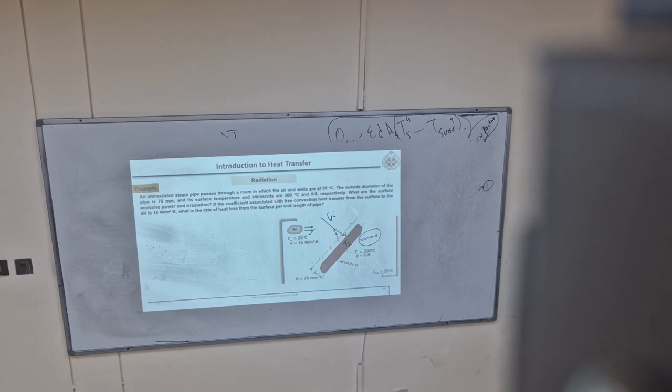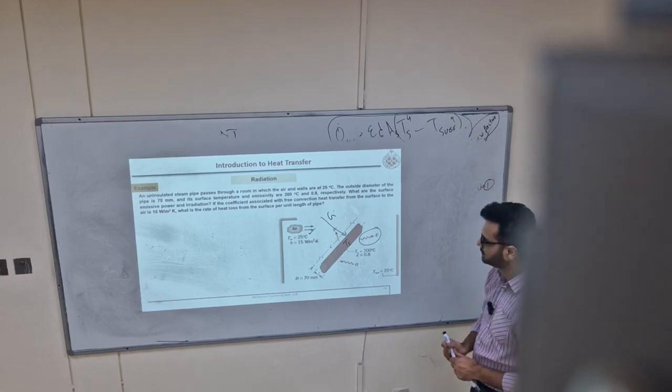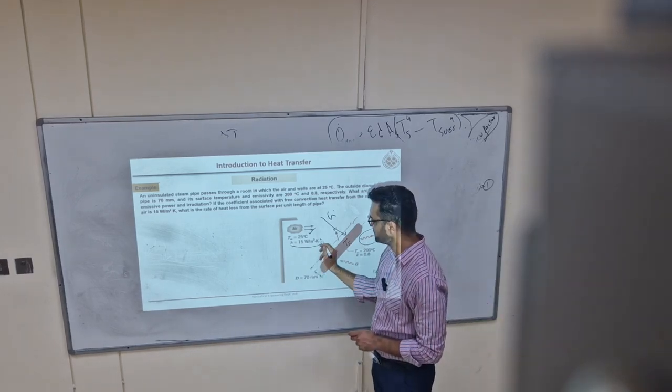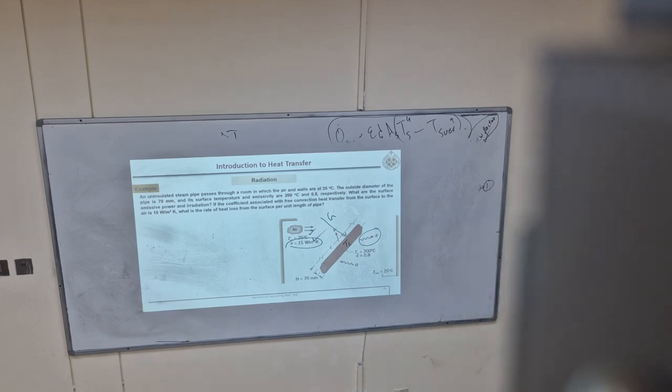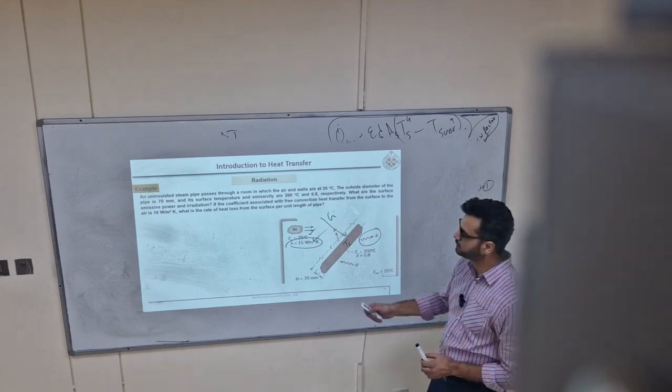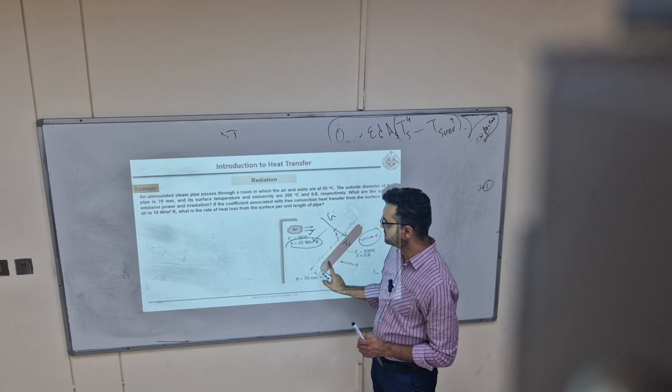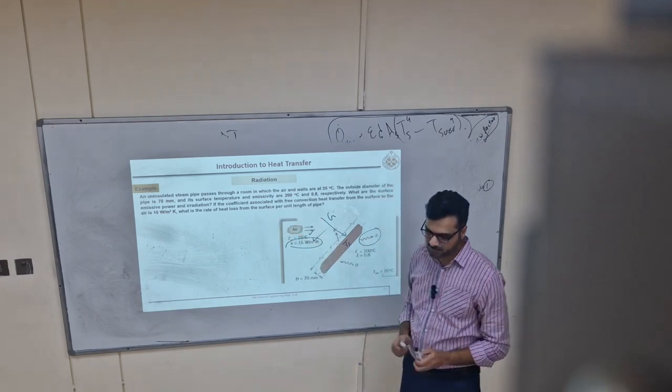The coefficient associated with free convection, there is free convection heat transfer. It means there is no fan, and that is also given: 15 watts per meter square per Kelvin. The units tell you exactly what it is. It is a coefficient, watts per meter square per Kelvin. What is the rate of heat loss from this surface per unit length of the pipe?